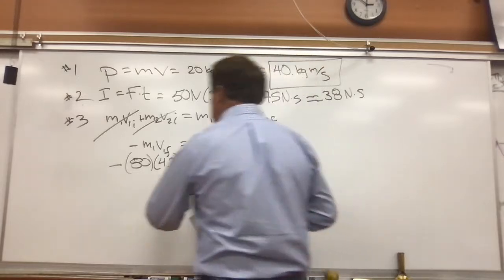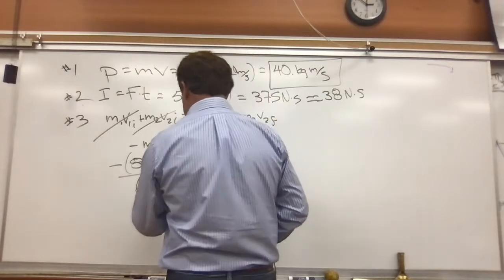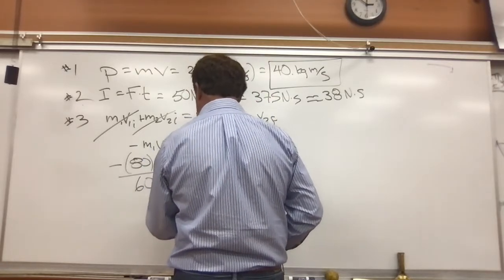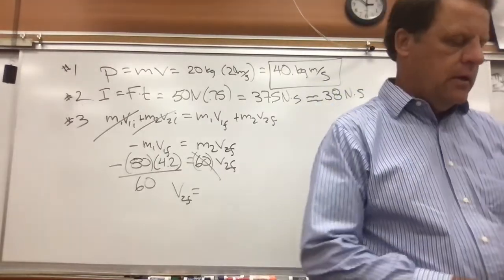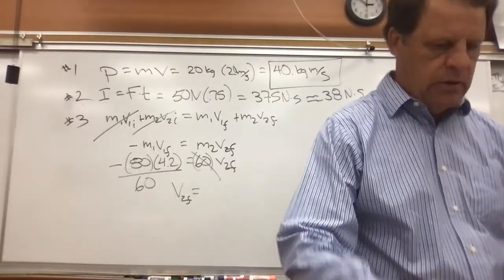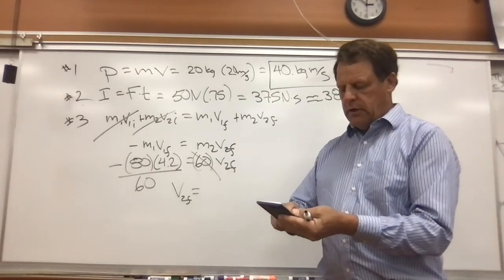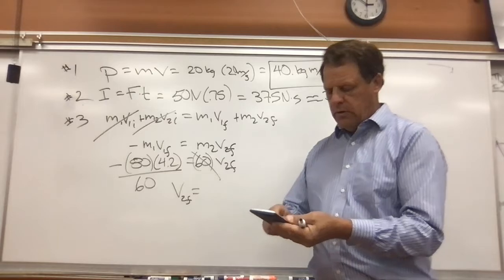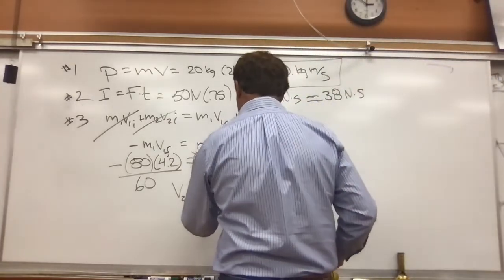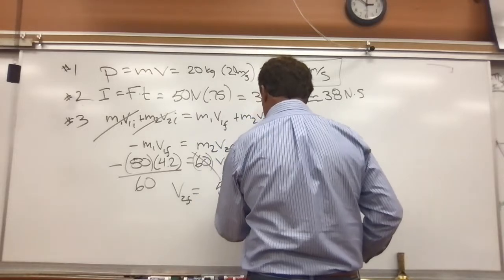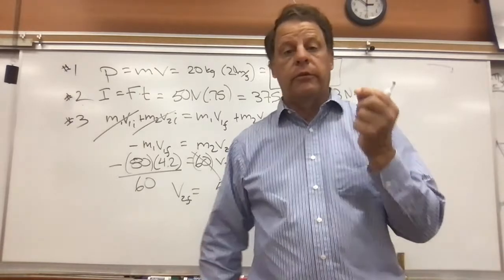We divide both sides by 60, so V2 final is equal to 80 divided by 60 times 4.2. We get 5.6 meters per second, which is the final velocity of the second skater.